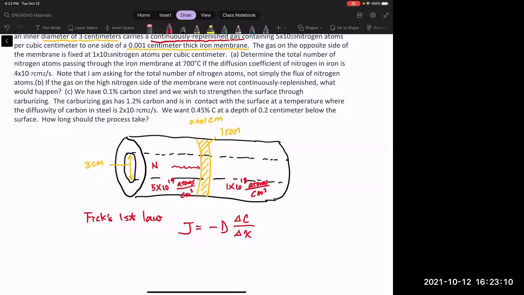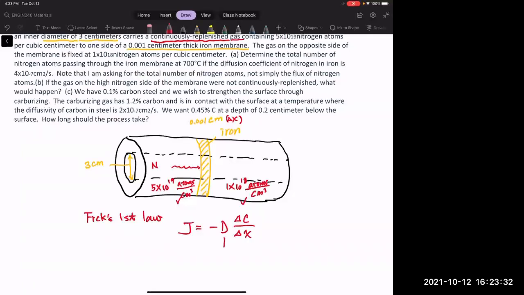In this case, the delta x represents the thickness. So this one here is the delta x. And what is the change of the concentration? Well, the change of concentration is the difference between the concentration of this one and this one.